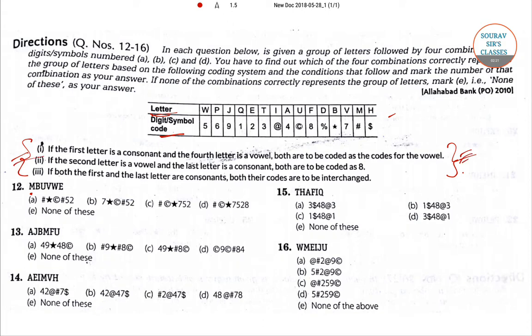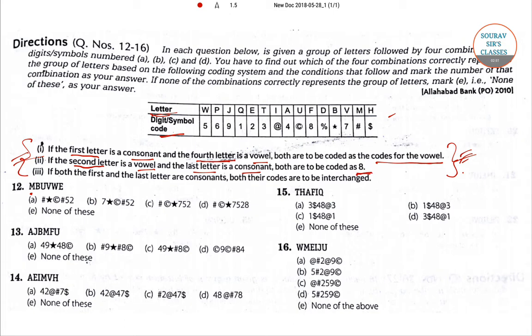So the first condition is that if our first letter is consonant and the fourth letter is vowel, then both are to be coded as the code of vowel. The next condition is if the second letter is vowel and the last letter is consonant, then both are to be coded as 8.